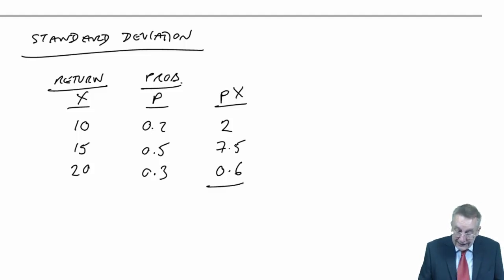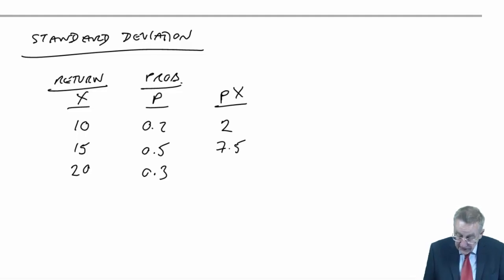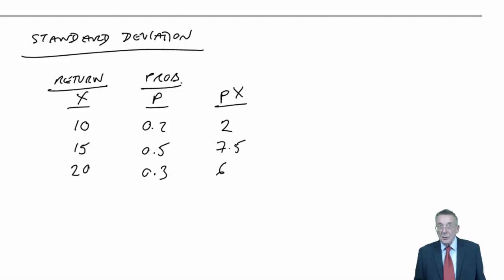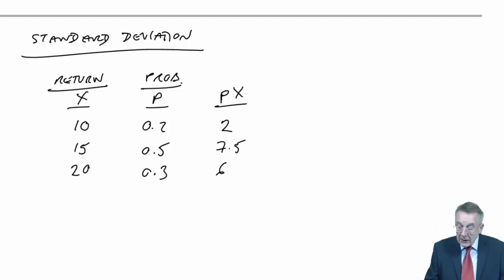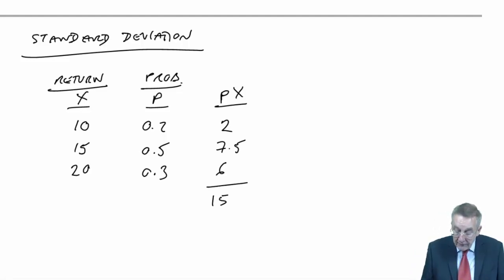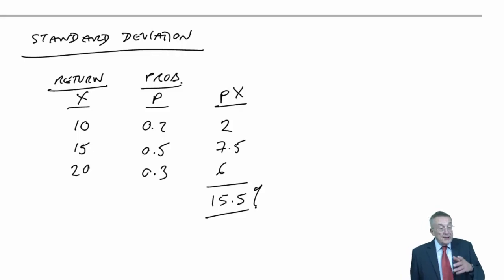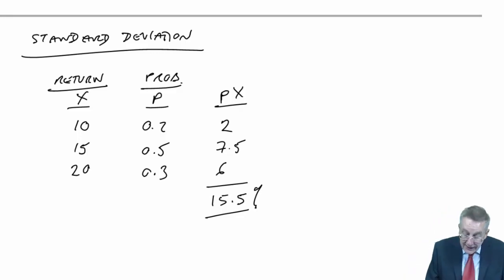The total, I think, oh heavens above, how embarrassing. 20 times 0.3 is 6. That was just to check who was listening. And so the total, 2 plus 7.5 plus 6, is 15.5%. That surely is the expected value of the average return. The other name for it is the mean. Mean's another word for average.